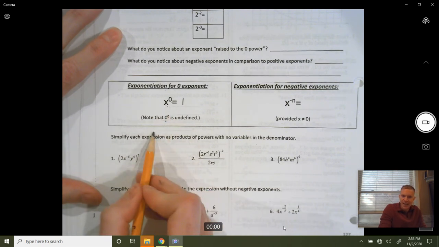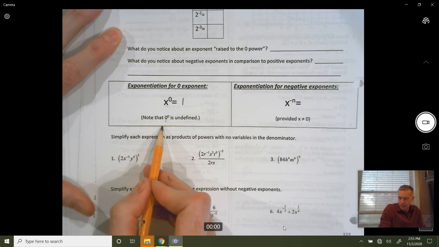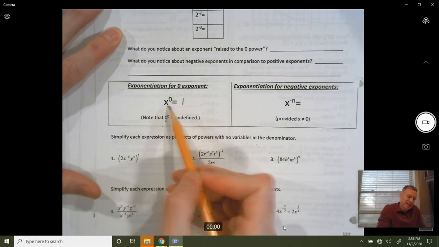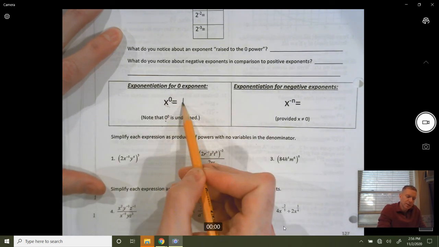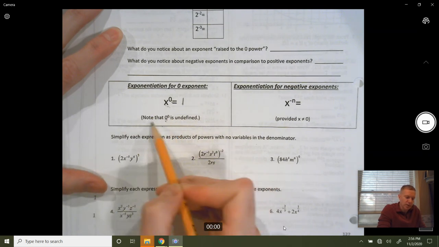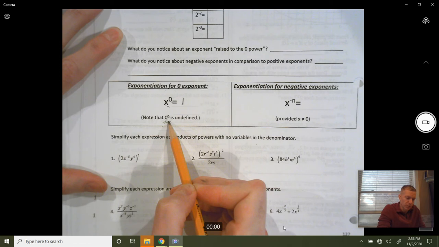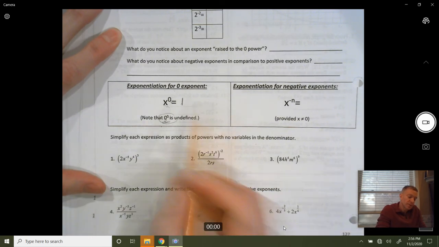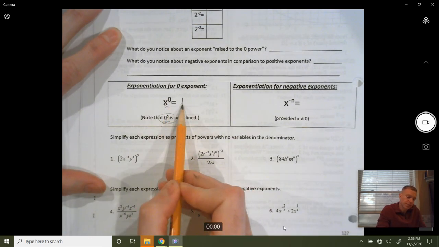Usually 0 to the anything should be 0, correct? 0 times 0 times 0 times 0 times 0, no matter how many zeros, it's still 0. But then we say anything to the 0 is 1. So if you have 0 to the 0, you kind of have conflicting messages. So this is actually undefined when both the base and the exponent are 0. You talk about that a lot more in calculus. But for our purposes, anything to the 0 is 1.